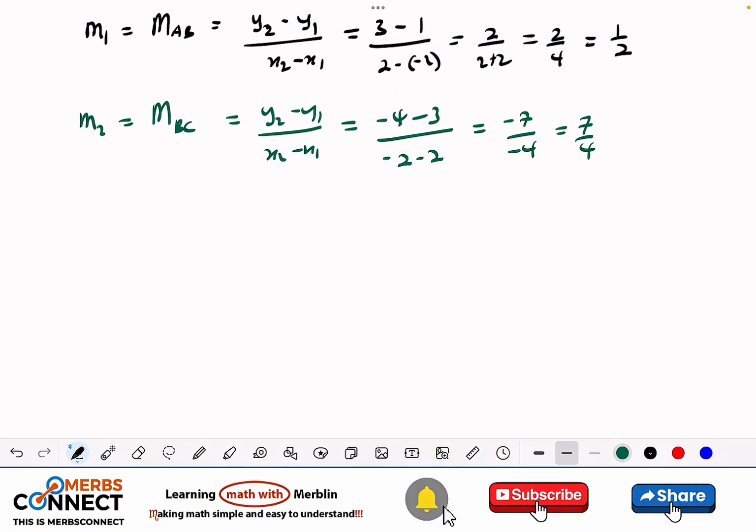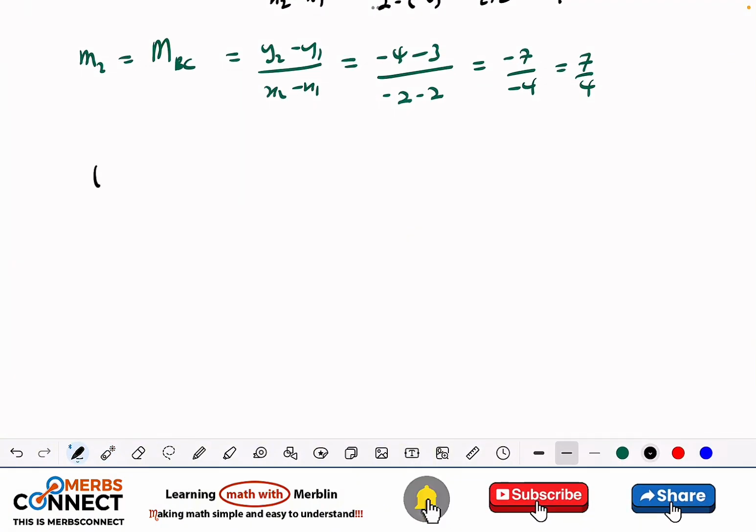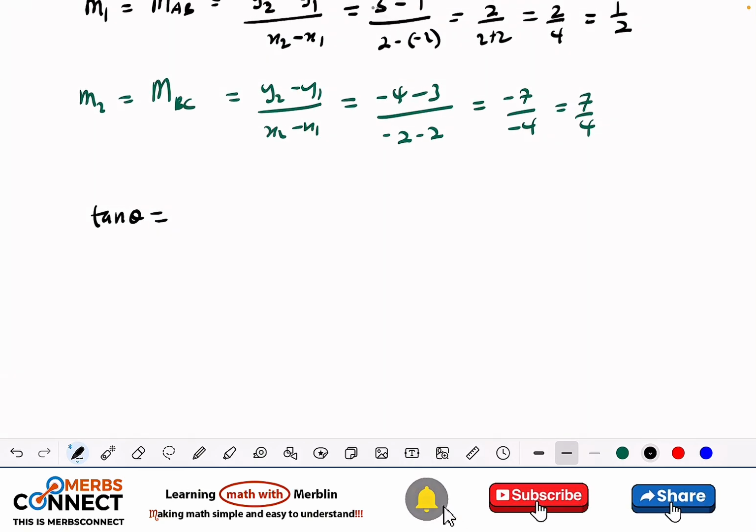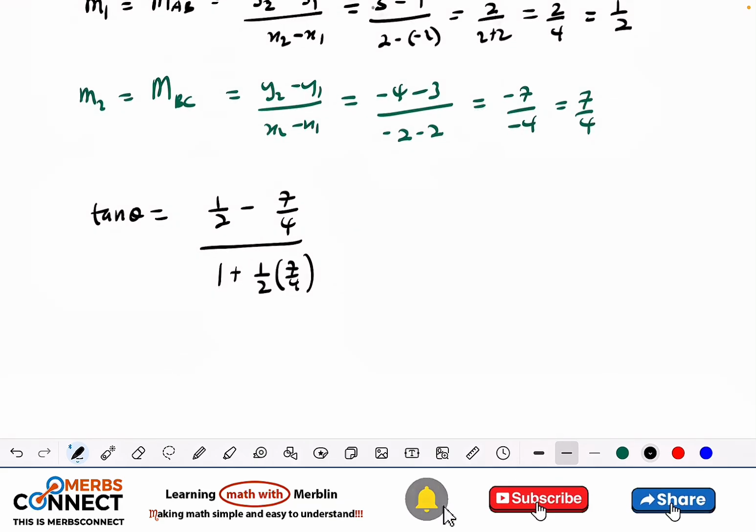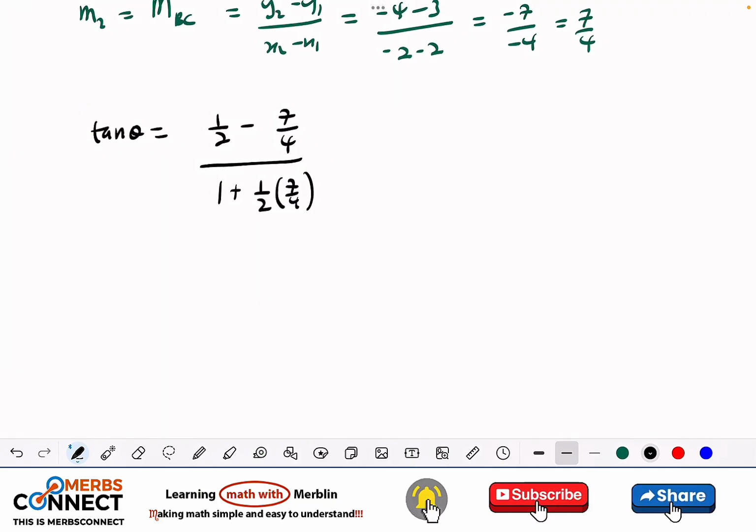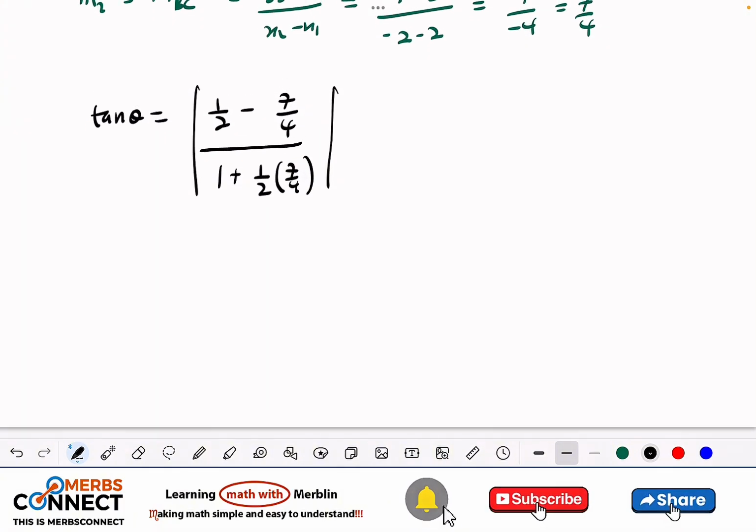So we are going to have tan theta equals m1, which is 1 over 2, minus m2, which is 7 over 4, divided by 1 plus m1 times m2, so 1 over 2 times 7 over 4. This is what you are going to get. Let's try and simplify. We put the absolute value so that when it is negative, it just goes away.